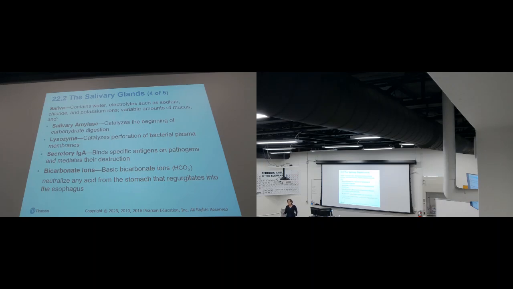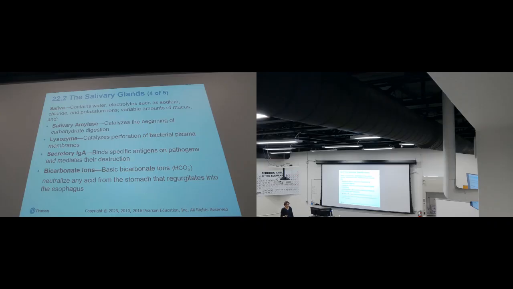Salivary amylase helps to start breaking down starch-rich foods like potatoes, corn, etc. So it begins the digestion of carbohydrates. Starch is a carbohydrate. It's made out of polymers of glucose. And then we have another enzyme, which is lysozyme.